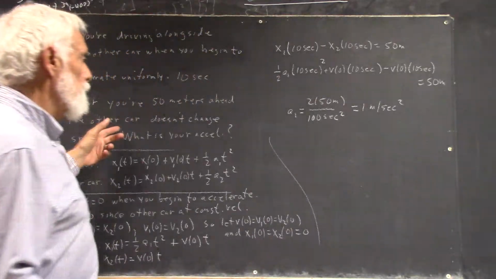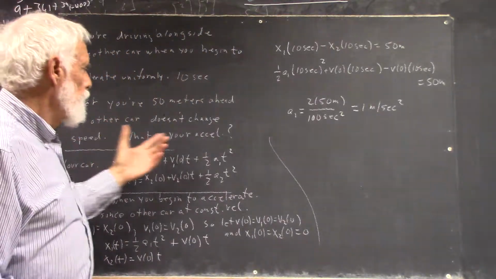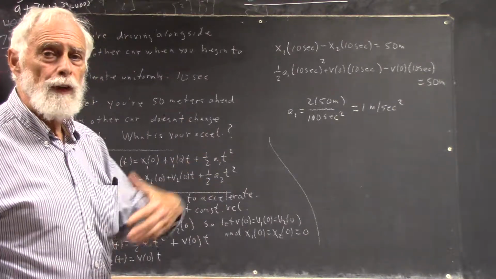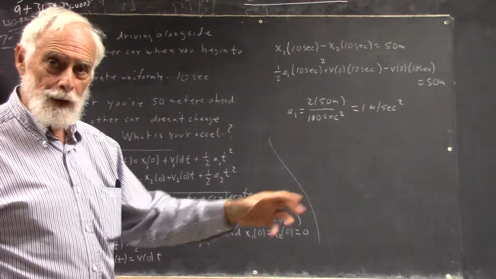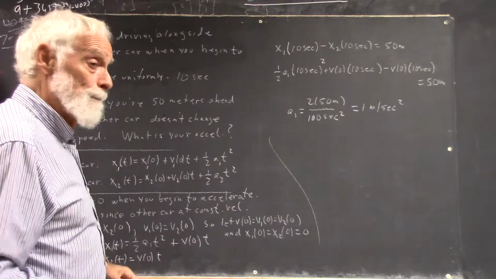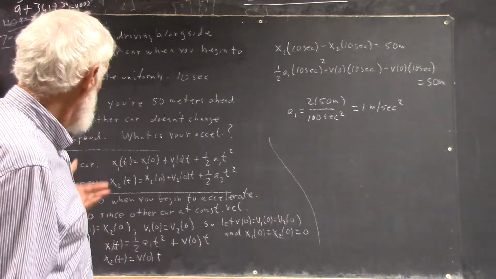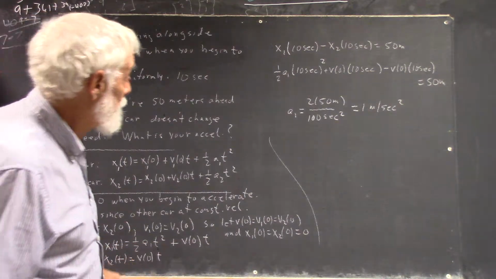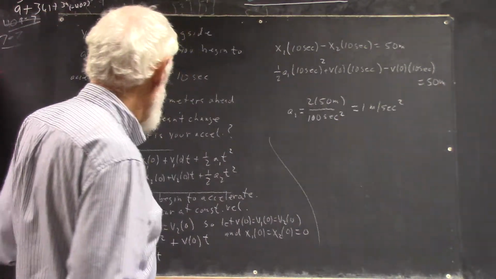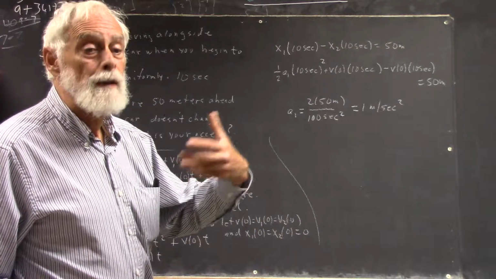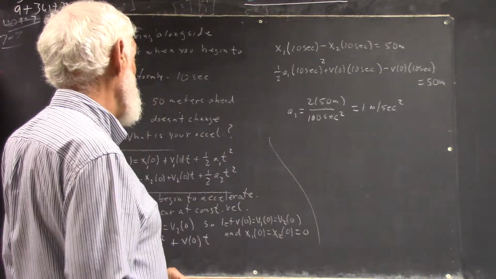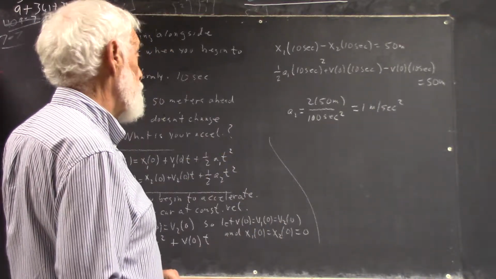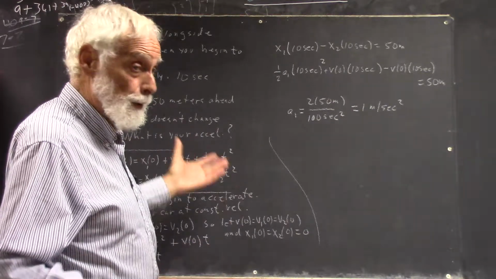So if the problem had asked not what is your acceleration, but how much faster are you going after 10 seconds, you would have had to know to use what you have to find the acceleration, and then apply that to find the difference in your velocity. And of course, the difference is going to be 10 meters per second.